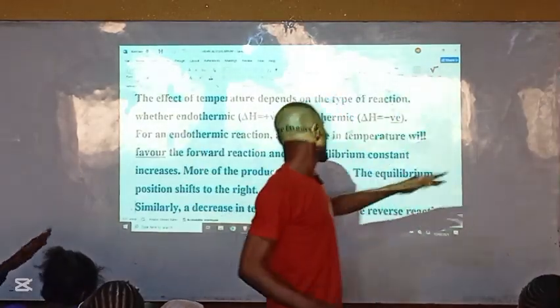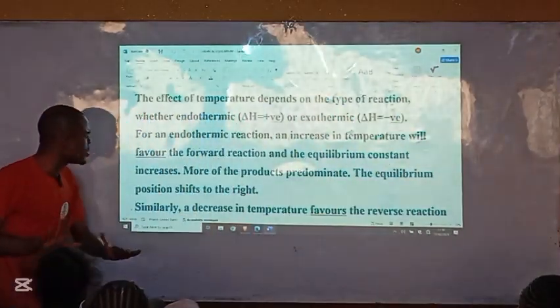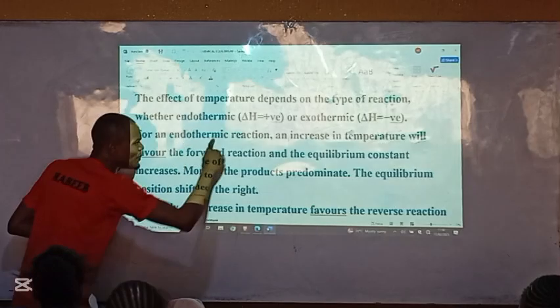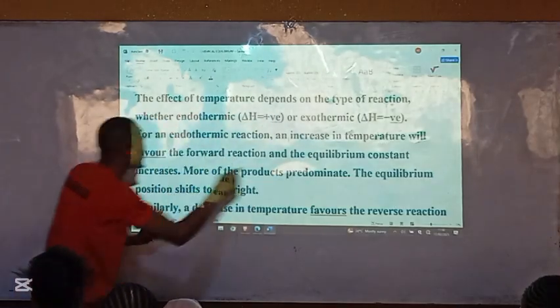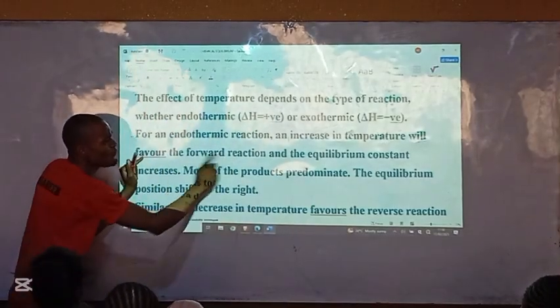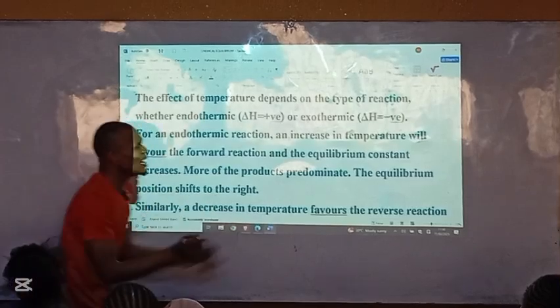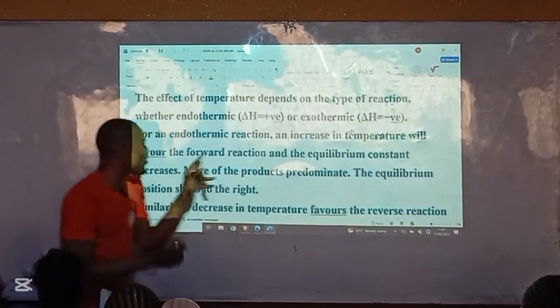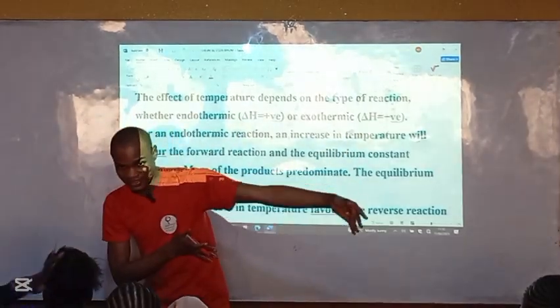Now look up, listen very well. For an endothermic reaction, an increase in temperature favors the forward reaction. When you increase temperature, forward reaction also means progress.